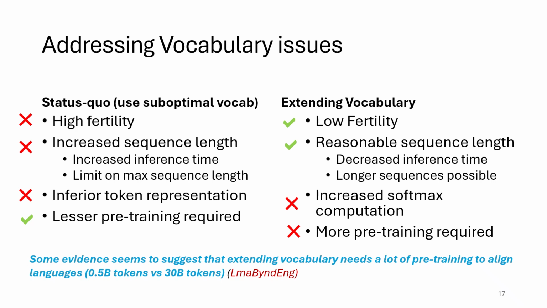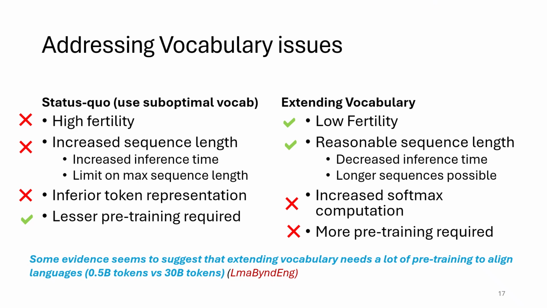There is some evidence to suggest that you might need a lot of pre-training to align the new language with the existing language model. Although this is variable, there are different studies with different numbers. You might just need a modest amount of training as per some studies, but still more than what you would want to do with the original vocabulary.